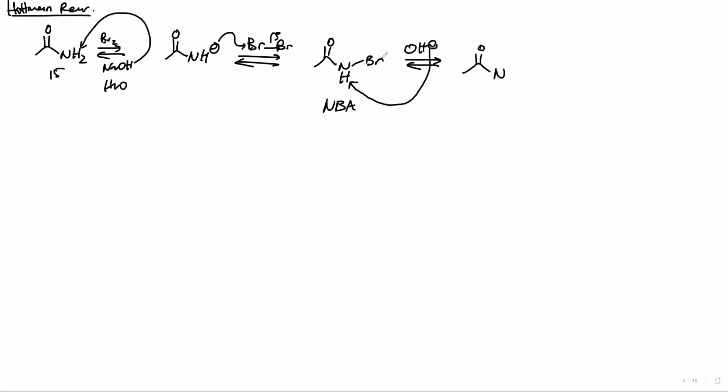But with the added bromine there for the inductive effect, the bromine makes it way easier to pull off that proton. So the second proton probably falls off even faster than the first one.